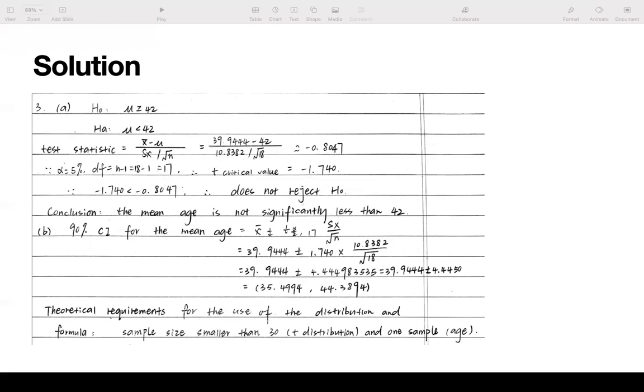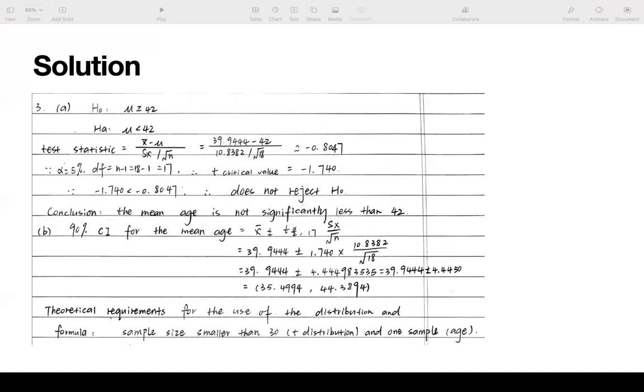Since we are testing at the 5% significance level, and the DF is 18 minus 1 equals 17, the t critical value is negative 1.74. Since the t critical value is smaller than our test statistic, we do not reject the null. So our conclusion is that the mean age is not significantly less than 42.